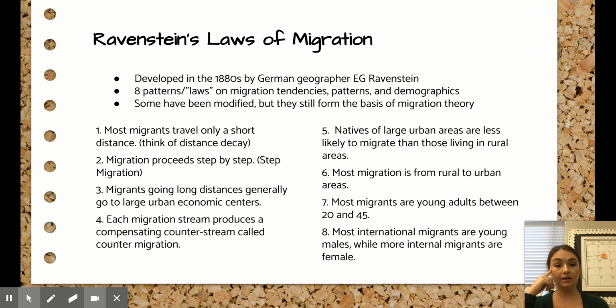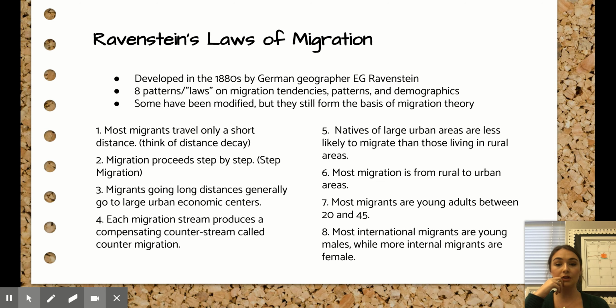Law number 7, most migrants are young adults between 20 and 45. And that's simply because those are the working people. Those are the people looking for opportunity. And also, there could be a good portion of this group that don't have very many children or don't have children at all. And so they're not tied down to a certain place and they can migrate.